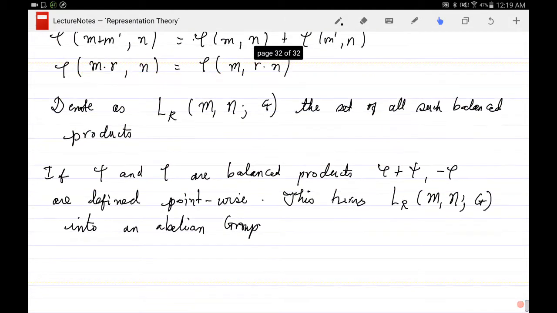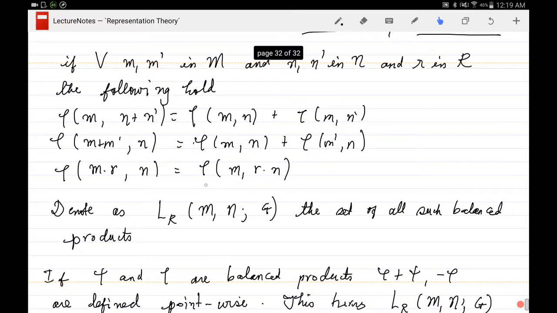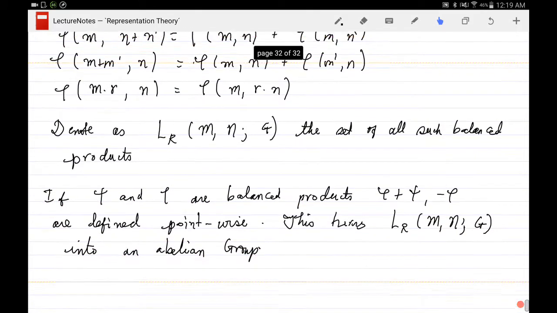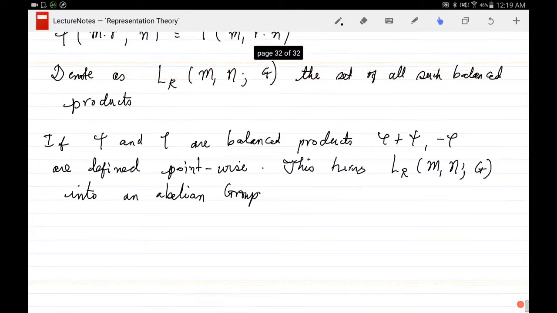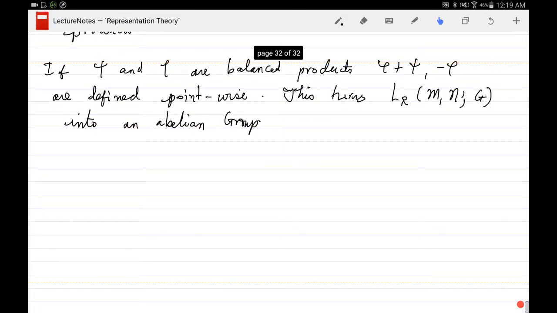The unique thing about this balanced product is how it acts on elements that have been acted on by the ring. It's this property where the ring element comes in that makes it quite different, because there are so many structures that have bilinear maps, but it's that ring condition that really gives us what we're looking for.